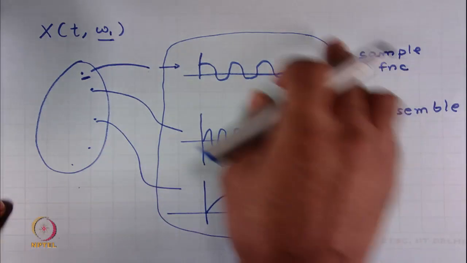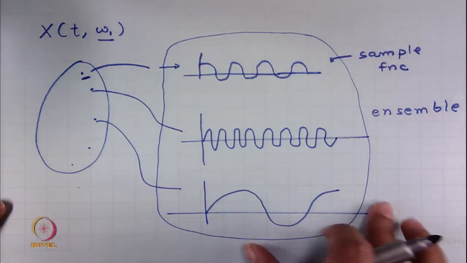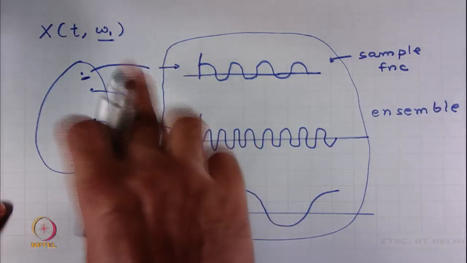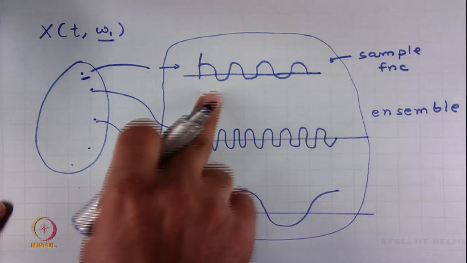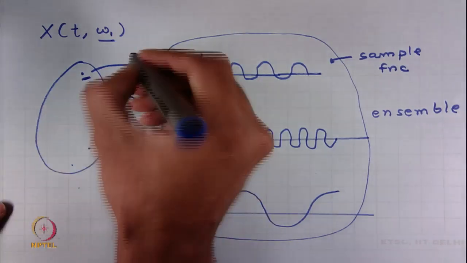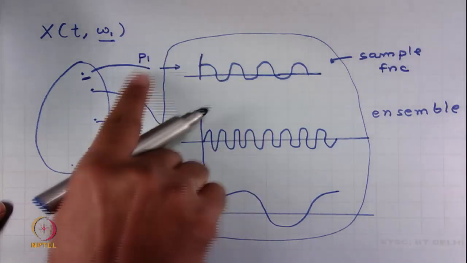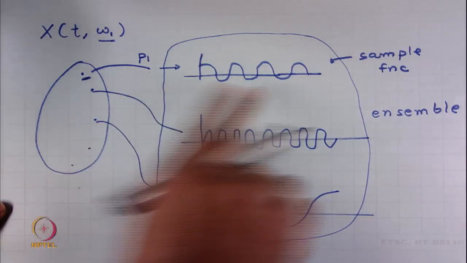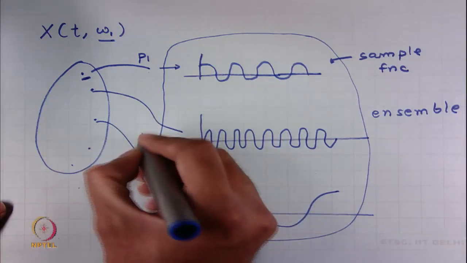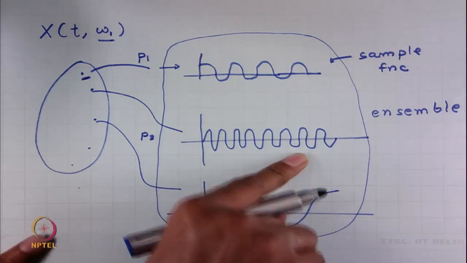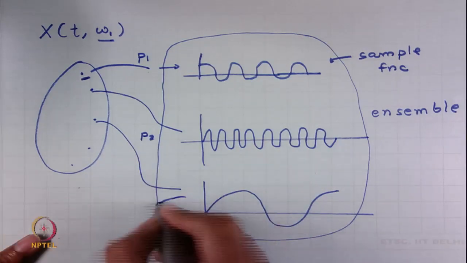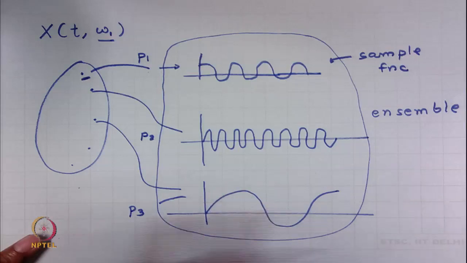Now, if I have got this ensemble which is a family of sample functions, and then if I define a probability rule which tells me the probability that this sample function might occur. So, let us say the probability is P1, this probability P1 tells me the probability that this sample function occurs, and similarly the probability that this sample function occurs, let us assume that is P2, the probability that this sample function occurs, let us assume this is P3.